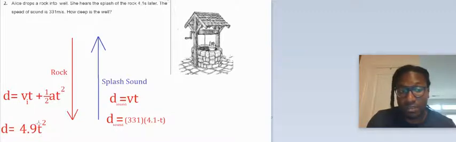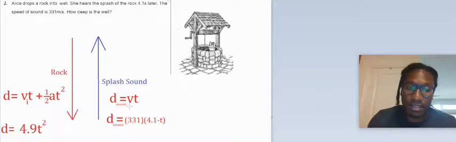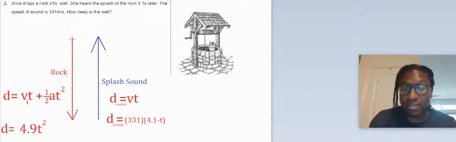So 4.1 minus the time that it took to fall will be our time here. So let me say that again, because that part is the tricky part, I think. These two t's are different. The time it takes for the rock to fall and hit the bottom of the well is different from the time that it takes for the sound wave to travel back up that same distance.